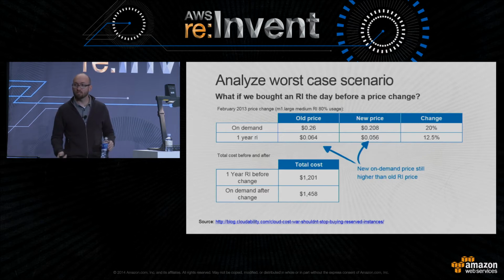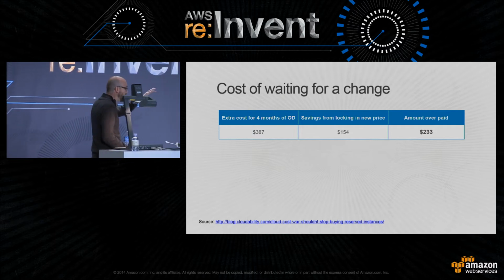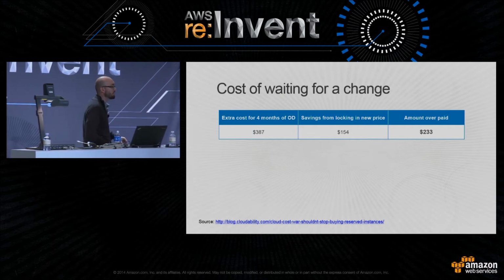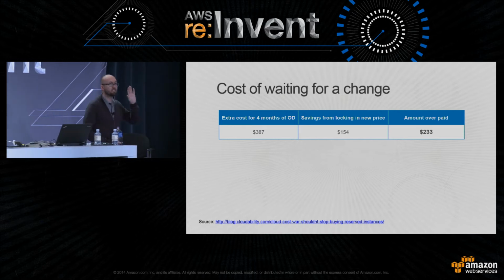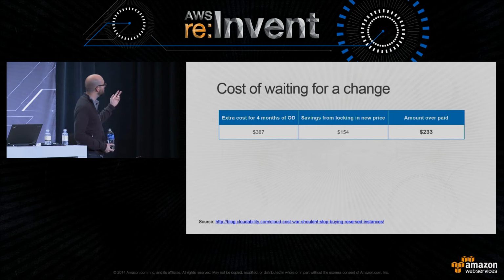We also see a lot of times people concerned about, well, we know Amazon's cadence is to reduce price every 4 to 6 months. So let me just wait 4 months and I'll buy an RI at the lower rate then. Well, here's how the math works out on that. The extra cost of running on demand versus an RI for 4 months is about $387 on an M3 medium.